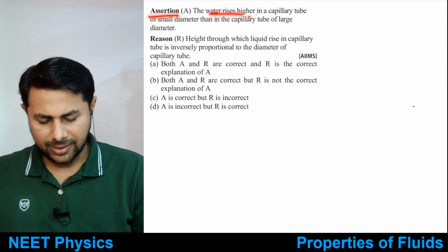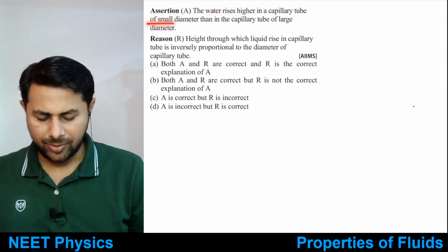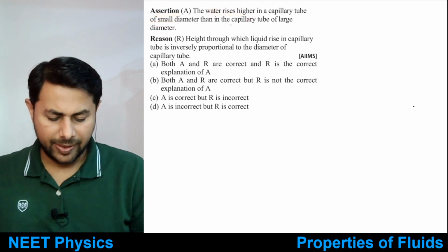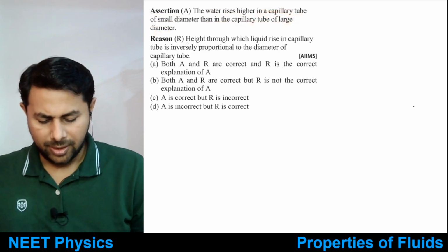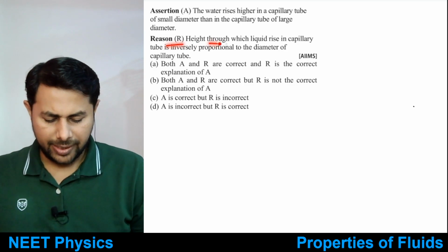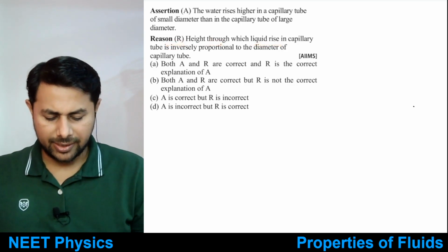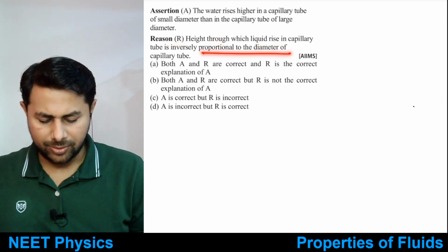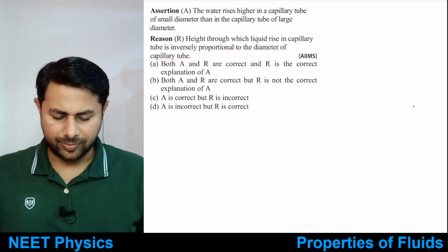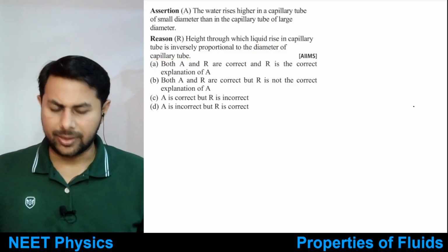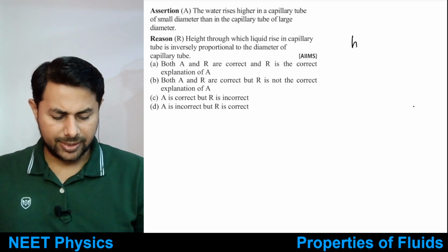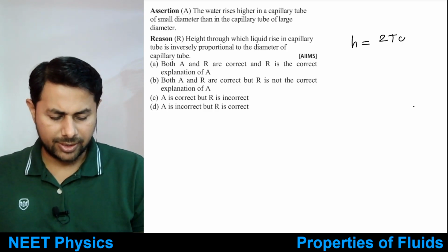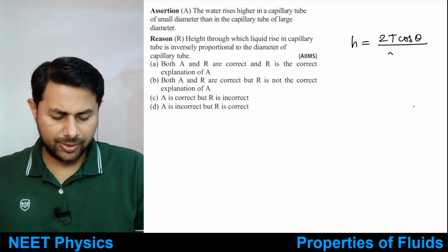Assertion: the water rises higher in a capillary tube of small diameter than in a capillary tube of large diameter. Reason: the height through which the liquid rises in the capillary tube is inversely proportional to the diameter of the capillary tube. Okay, so is it correct? Let's write h is equal to 2T cos theta divided by r rho g.